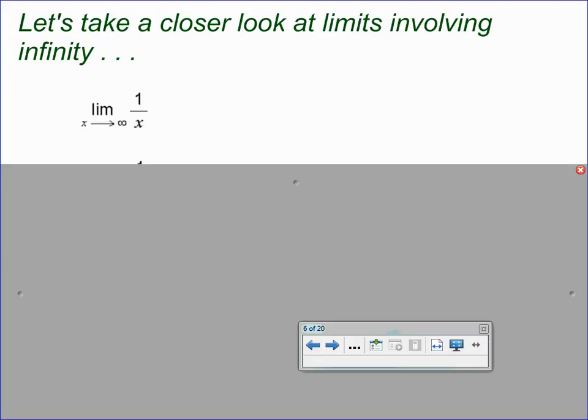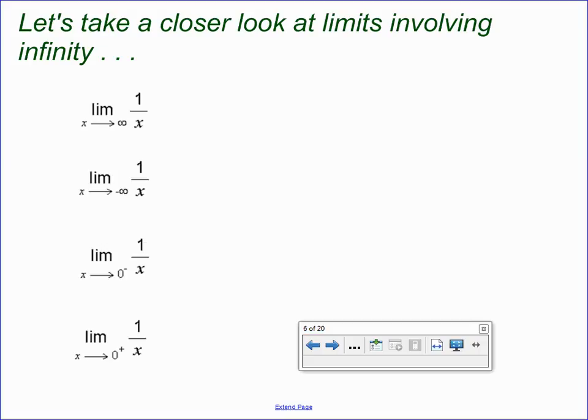We can evaluate limits involving infinity without a calculator by either using our knowledge of function behavior or by considering numerical values. So what I'd like for you to do is find your note sheet and take a look at a couple of these that I've picked out. Let's consider the limit of 1 over x as x approaches infinity. So we're going to think about this analytically, and we'll think about it graphically, but we're not going to use a calculator.